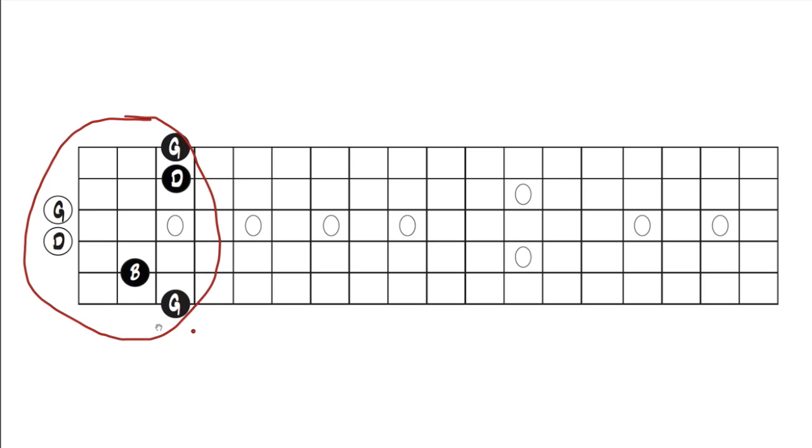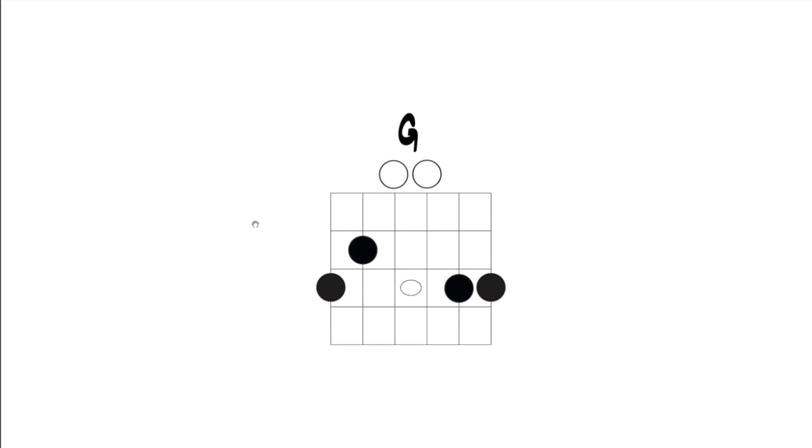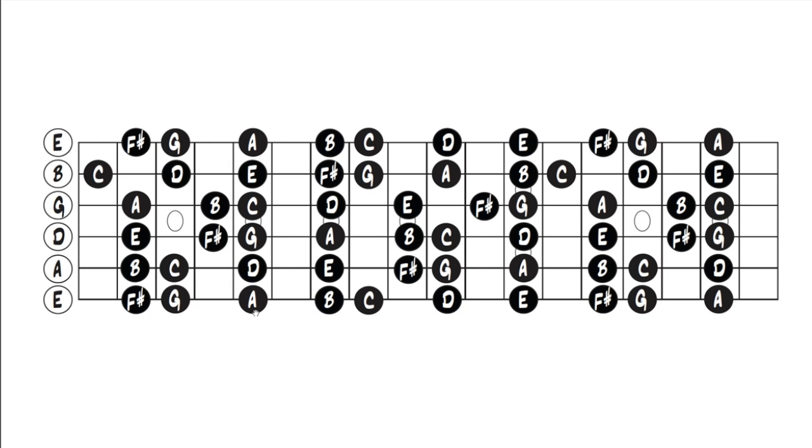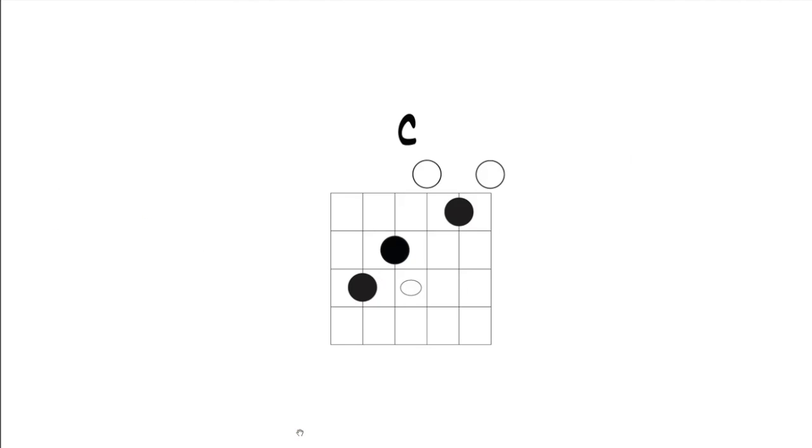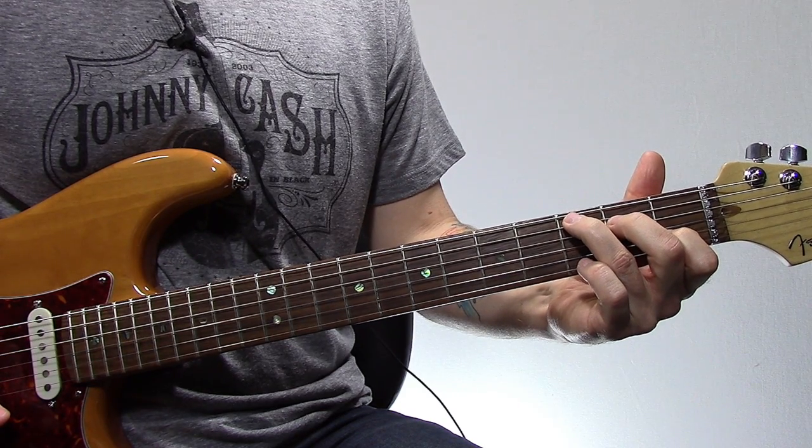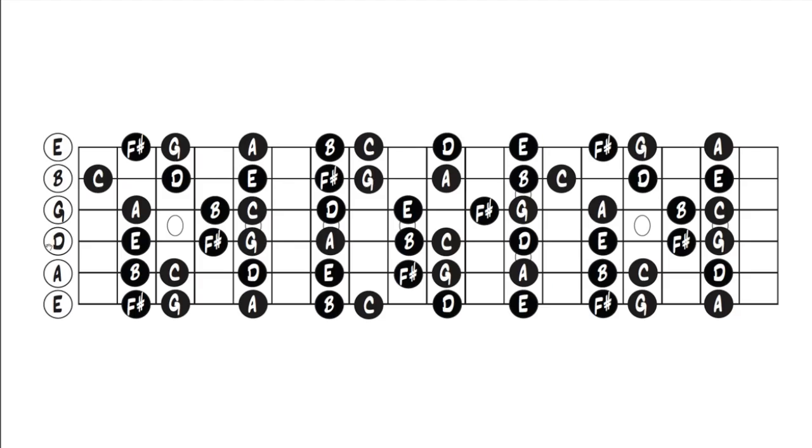And then if I flip it up this way to show you on the other diagram, you can see it like that. Another chord that comes right out of the G major scale is C major, and that one's right here. Then if I flip that up, you can see that's just a normal C major shape, open C major chord. Or there's A minor, that one comes out right here.